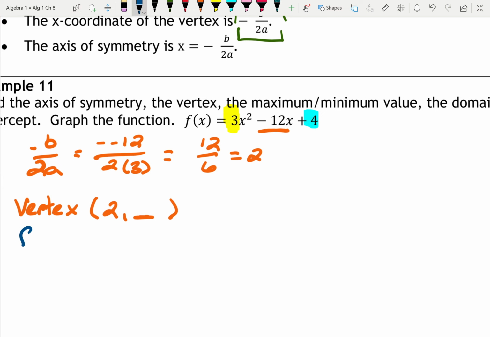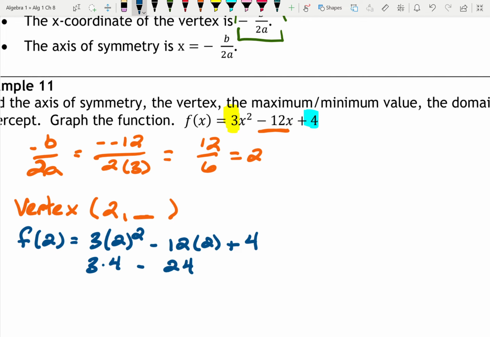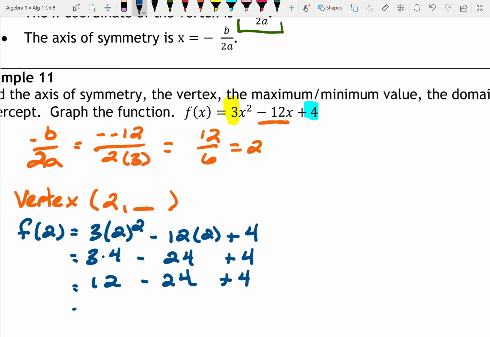So f of 2 is going to be 3 times 2 squared minus 12 times 2 plus 4. This is 3 times 4 minus 24 plus 4. 12 minus 24 plus 4. And what's that going to be? Negative 8. Right, negative 12 plus 4 is going to be negative 8. So right there we discovered that our vertex is at 2, negative 8.